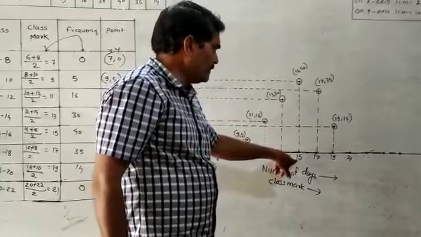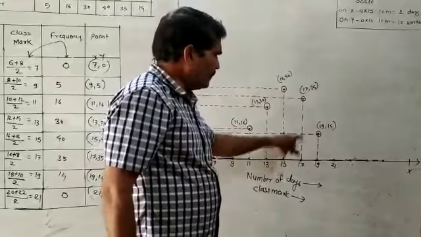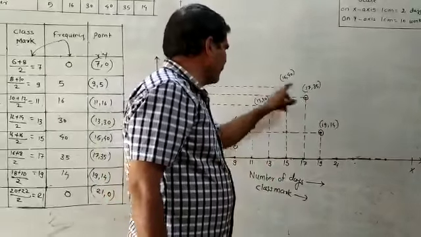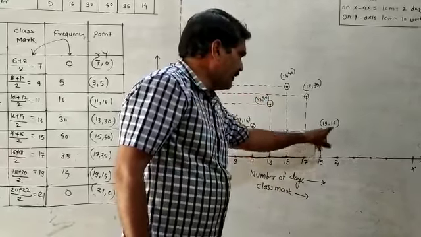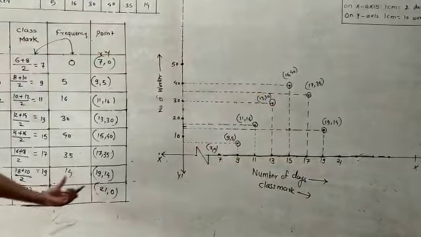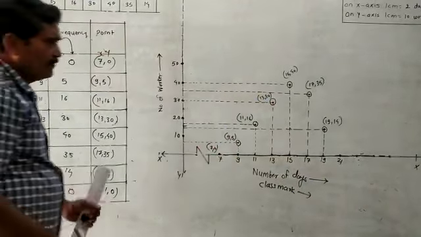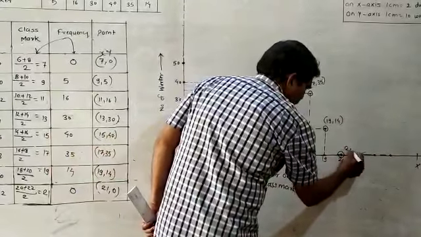Then on the x-axis 15 and the y-axis 40. On the x-axis you have to take 17, on the y-axis 35. Then on the x-axis 19, on the y-axis 14. And the last point remaining is 21, 0, which means the frequency of this 21 is 0.